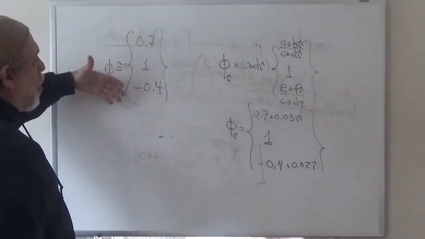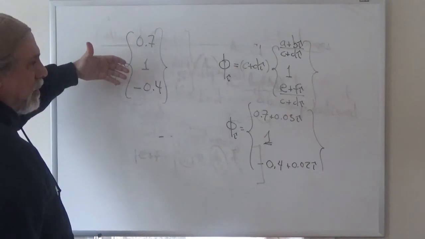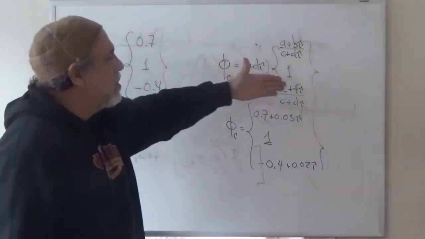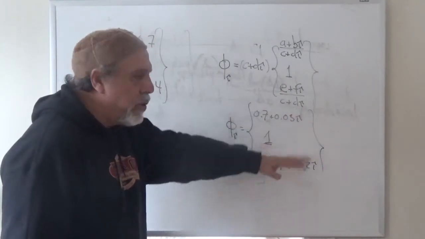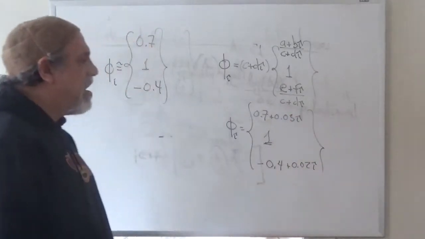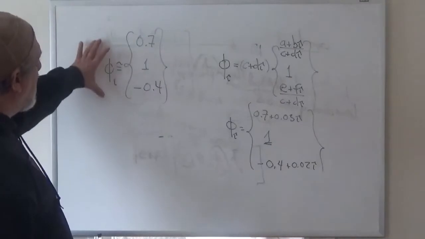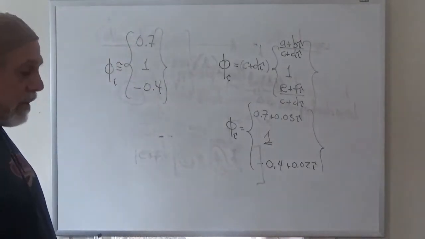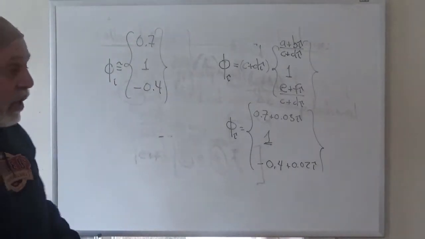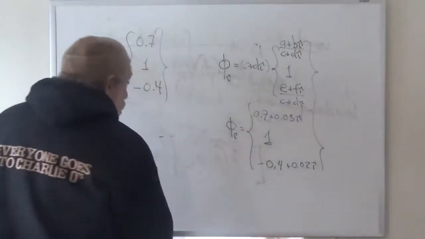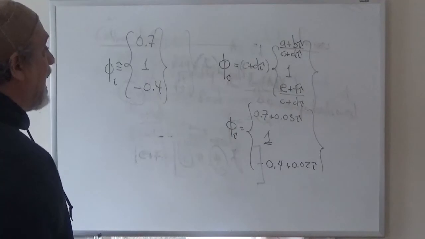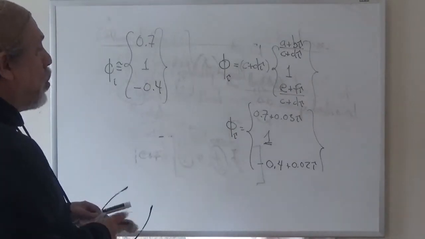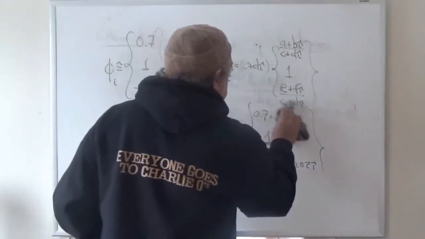So if the modes are almost real, we just simply normalize to the larger value and eliminate that little annoying part that is imaginary. It doesn't really matter hardly anything, and we say this is our mode.